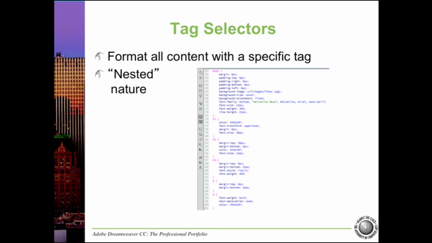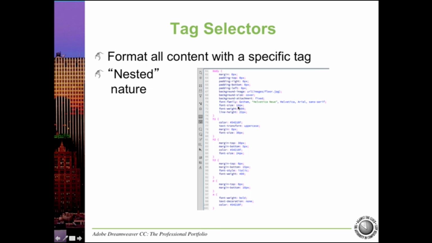Looking more at tag selectors, you can format specific HTML tags such as your paragraph, body tags, your heading tags. We can look at the nested structure. So in your body tag here, we have the font size is set to 14 pixels.